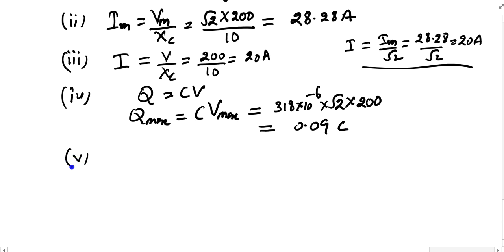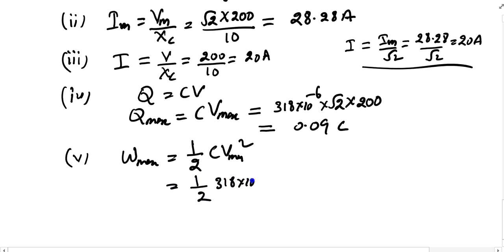And the last point is asking to calculate the maximum energy. As we know, it is half C V max square. If you do this, with V max as root 2 into 200, you will get 12.72 joules.